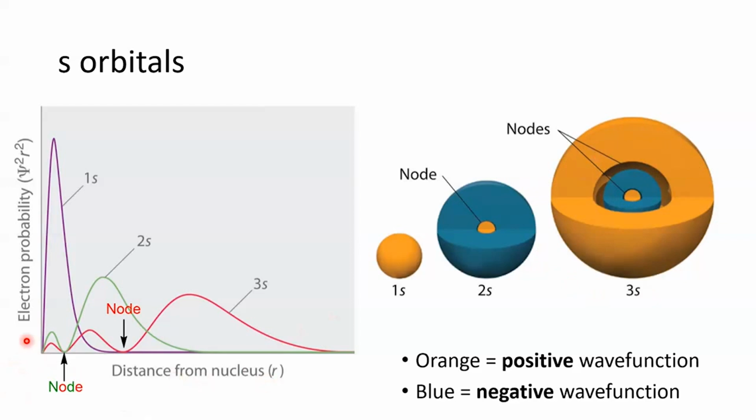Again, taking a look at the graph, we can see, yep, small region of positive. The node is in the same places as for the 2s orbital. Then we have our region of negative wave function, another node, and then we have our large area of positive wave function once more. So positive, negative, positive.